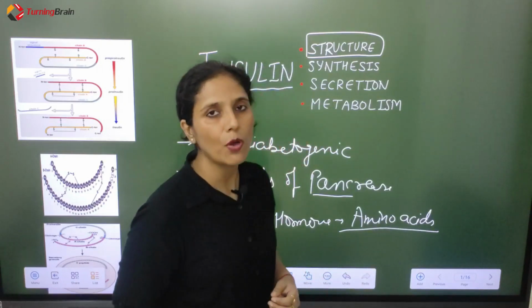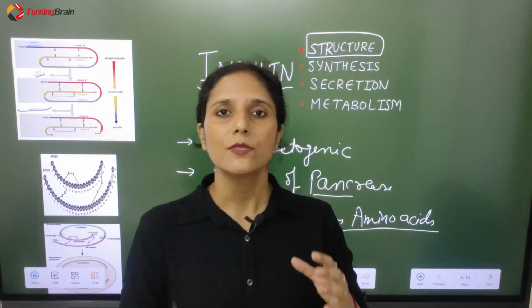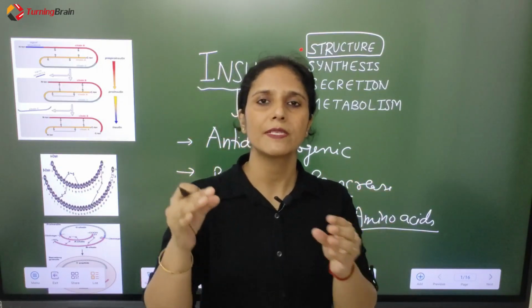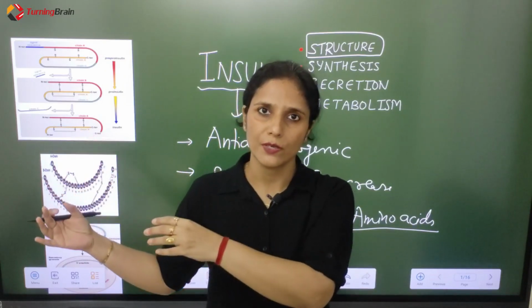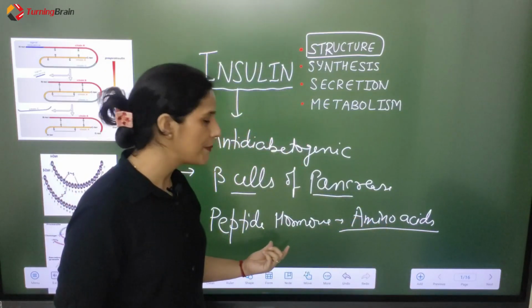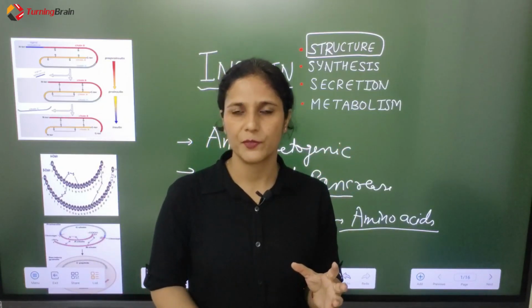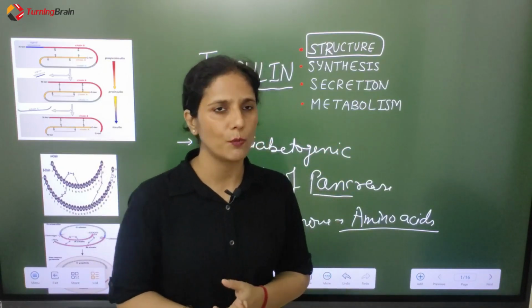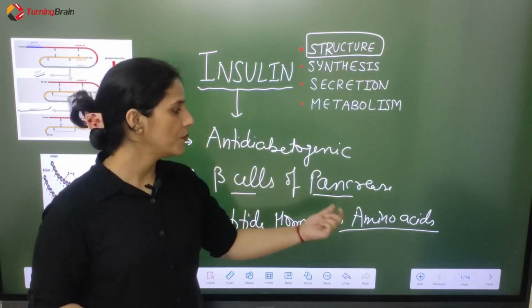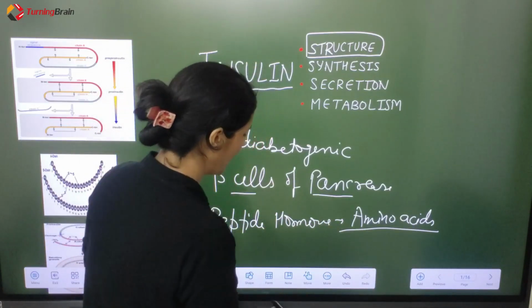So this is a building block of a protein, amino acids. So many amino acids make the peptides, many peptides make the protein. Okay, so this is a peptide type of hormone. Hormone can be of many types, you can say that there is a different structure of any hormone. Here it is a peptide hormone which is made up of amino acids.